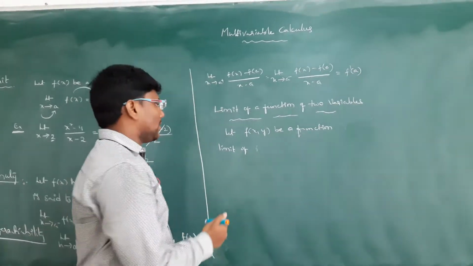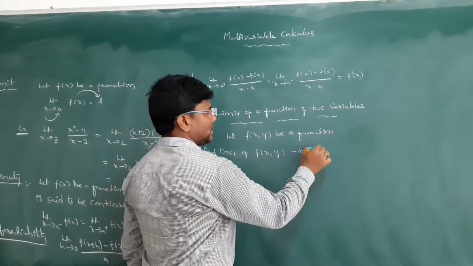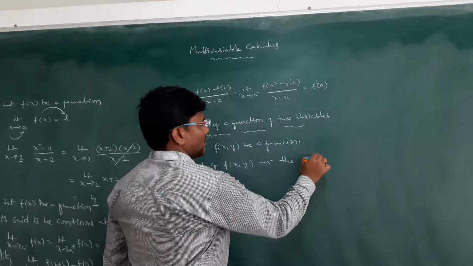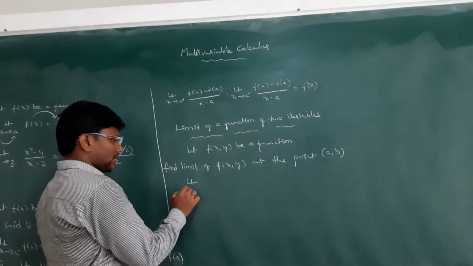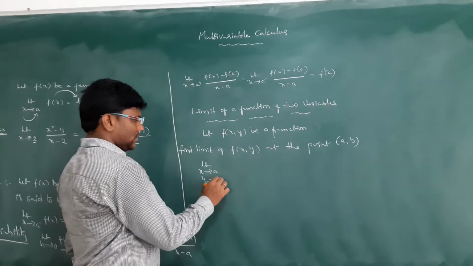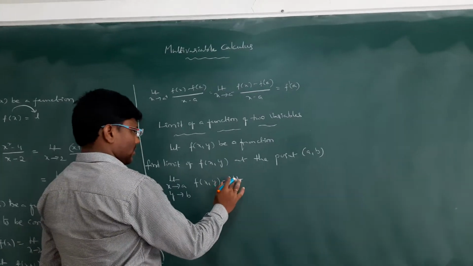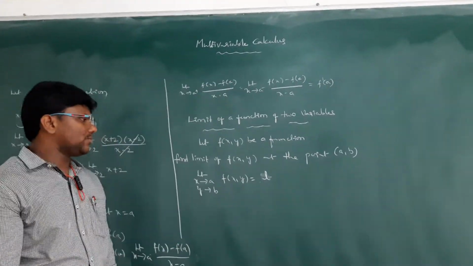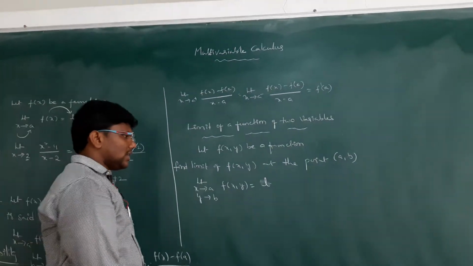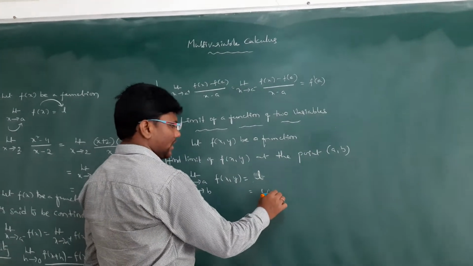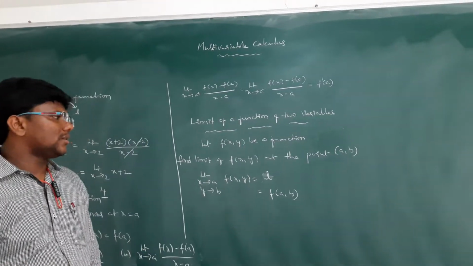To find the limit of f of x comma y at the point a comma b, we generally write it in general notation: limit x tends to a, y tends to b, f of x comma y is equal to L. L is said to be the limit of the function at the point a comma b.